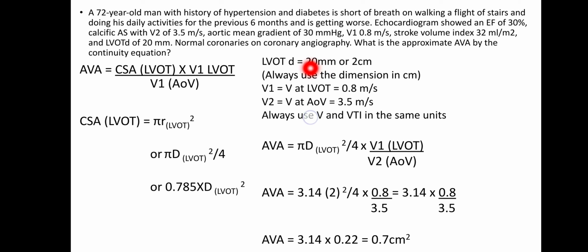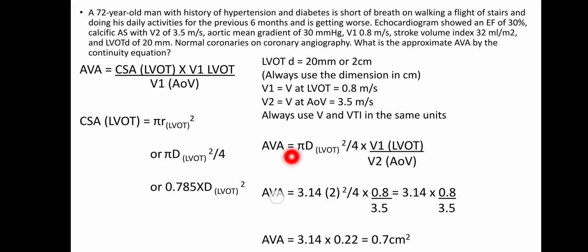So we should convert the millimeters into centimeters. Then V1 at the LVOT is 0.8 meters per second, and V2, velocity at the aortic valve, is 3.5 meters per second. Always use the V or VTI in the same units. Both should be in the same units, either meters per second or centimeters per second. The units should not be different.